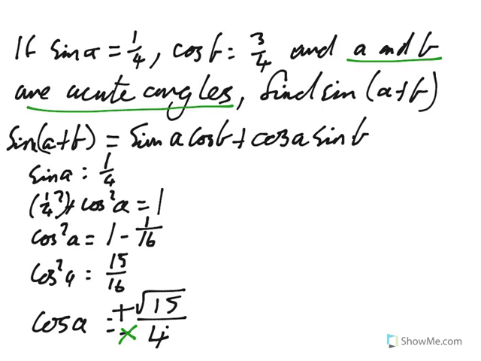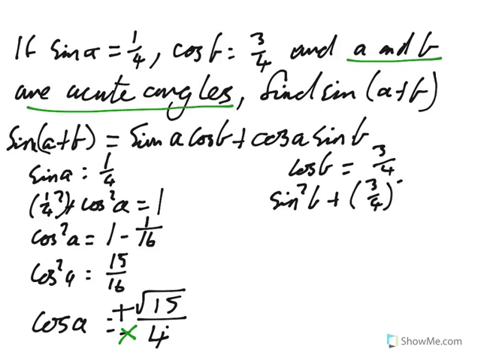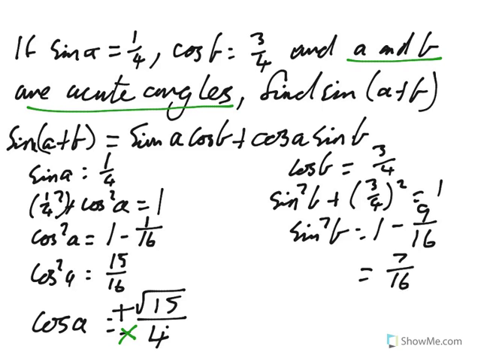We also need to know the B bit, because we know that cos B is 3/4. So again, the Pythagorean identity: sine squared B plus cos squared B, so that's 3/4 squared, equals 1. So we know that sine squared B is 1 minus 9/16. Okay, so 16 minus 9 is 7, so we've got 7/16.